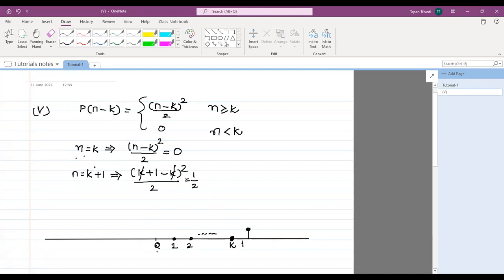So at k plus 1, you will get 1 by 2. Similarly, for n is equal to k plus 2, you will get 2. For k plus 3, you will get 9 by 2. And then it continues up to infinity. So this is how you draw P of n minus k. Understood?